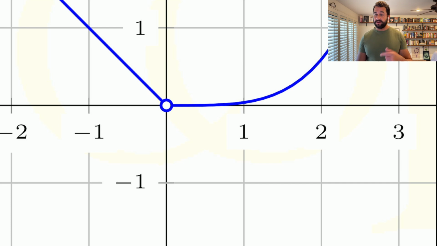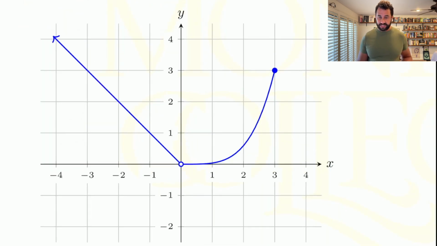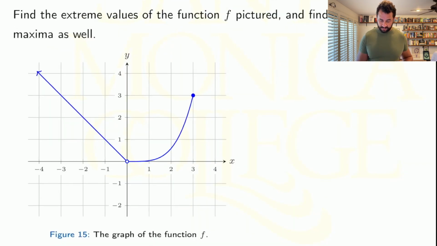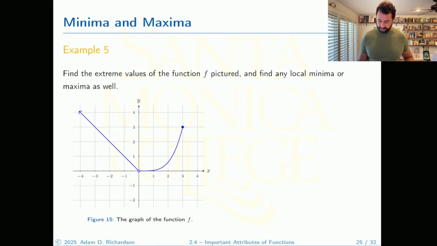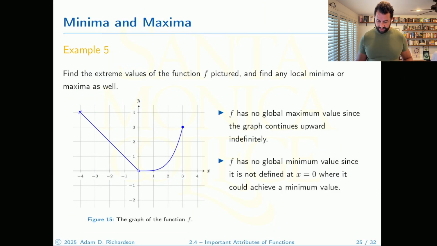Remember what I said earlier in this lecture: in order for a function to have a value at a point, it has to actually be defined at that point. And here, the function is not defined there. So this function doesn't achieve an absolute minimum either. So here's an example where it doesn't have an absolute max and it doesn't have an absolute minimum. No absolute max and no absolute minimum. I think I say that right here. Yeah, exactly.